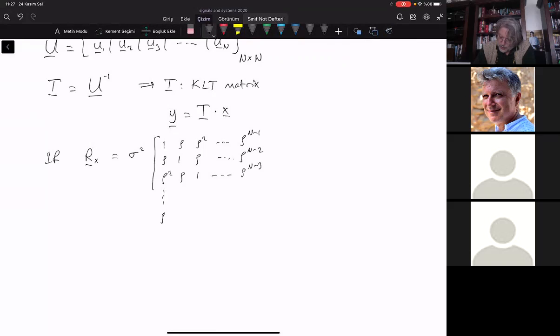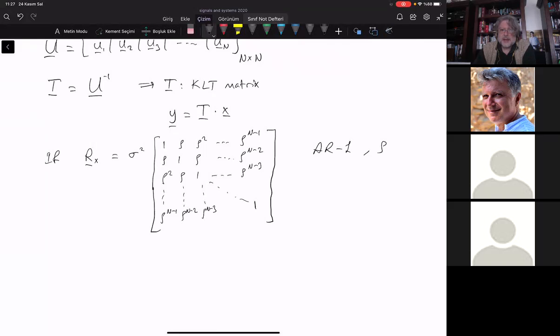This also goes up to rho to the n minus 1. This goes up to rho to the n minus 2. This is rho to the n minus 3. And the diagonals are all 1s. This autocorrelation matrix structure is an AR1 structure with a correlation coefficient of rho.